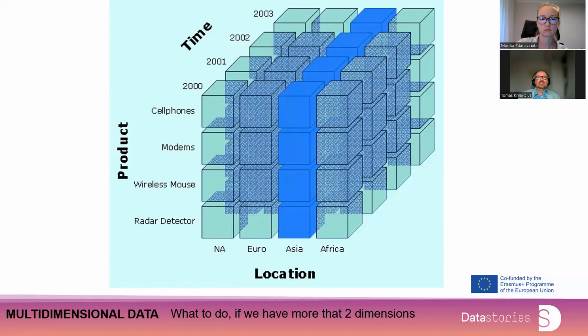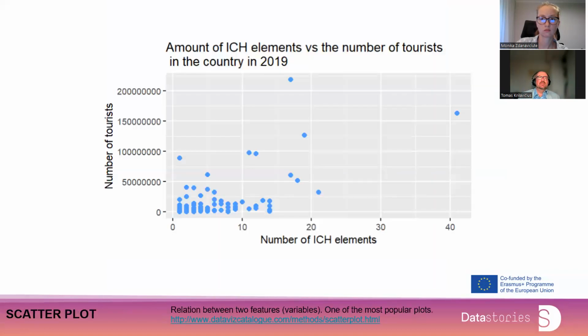In such a case, it gets very complicated to visualize data because it's very hard to imagine something that has, let's say, 4 and more dimensions. So you have to find a way to visualize the specific type of data. And in this lecture, we will look at different types of charts or plots which allow us to visualize multidimensional data.